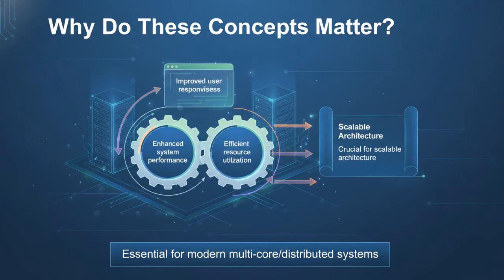By leveraging these concepts effectively, developers can maximize the utilization of available hardware resources, whether it's the multiple cores in a CPU or thousands of servers in a data center. This leads to efficient resource utilization, enhanced system performance, and ultimately a better user experience and more powerful systems.